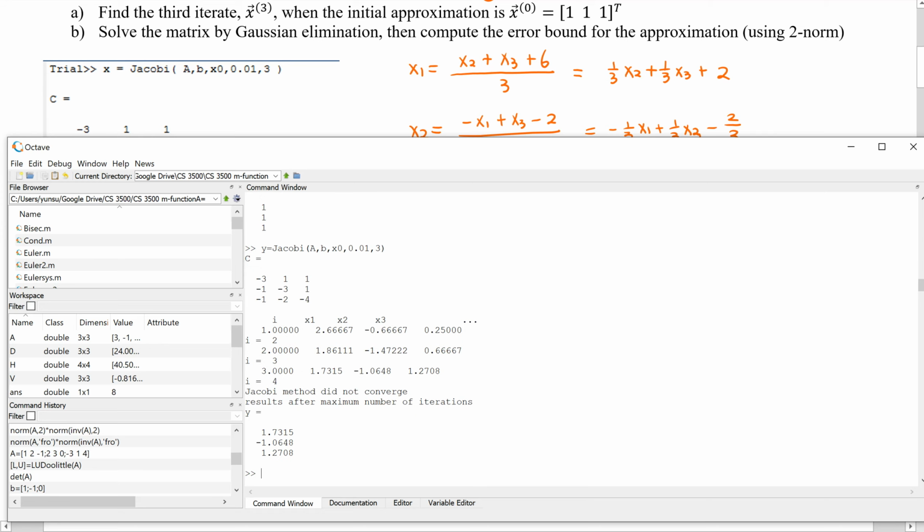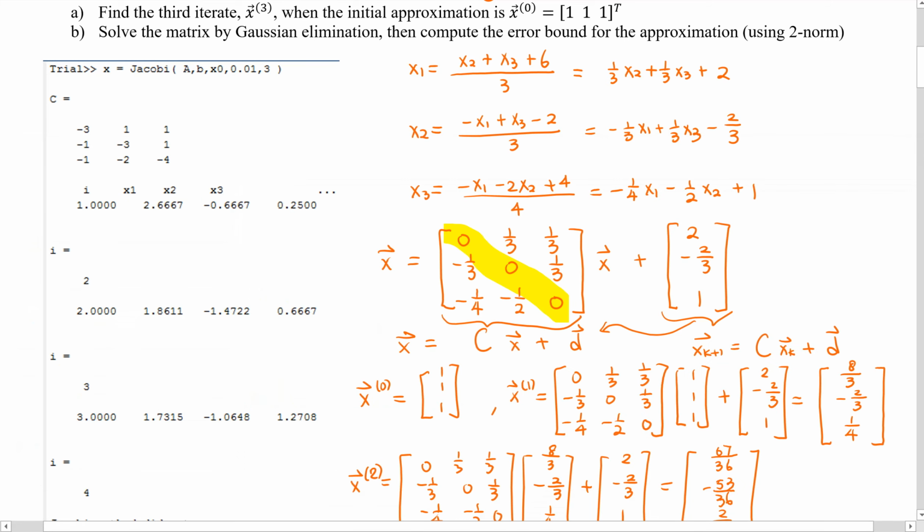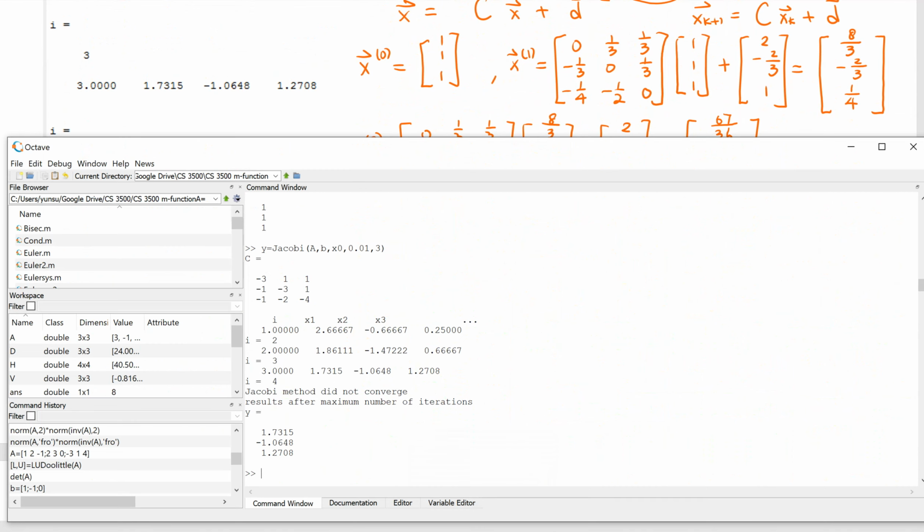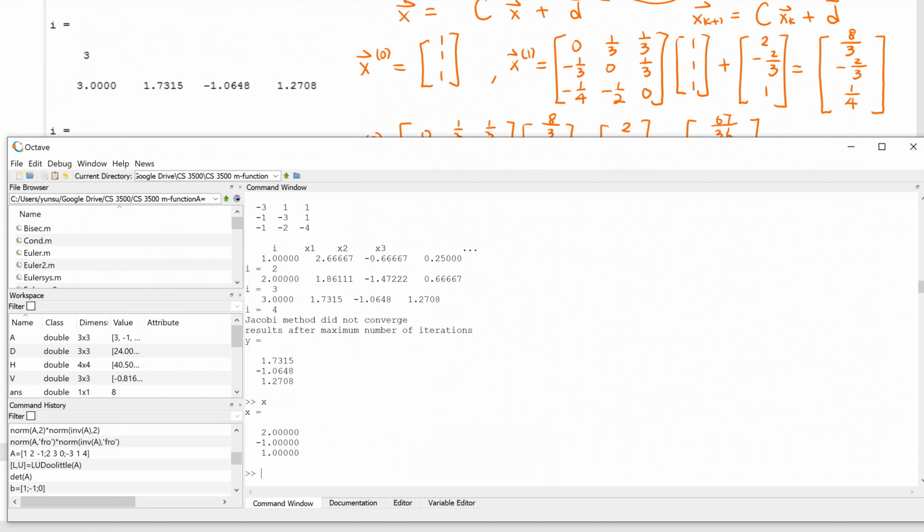Okay, so far so good, and this is what we get. See, it matched our answer. Now we have x as the true value, right? Now we can use the L2 norm of x minus y.